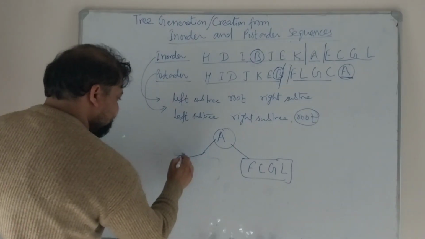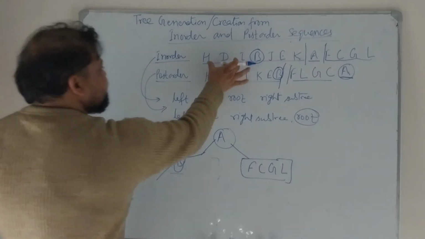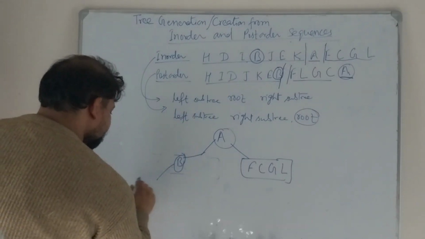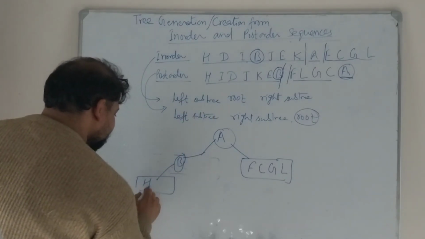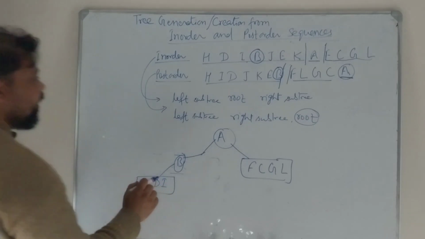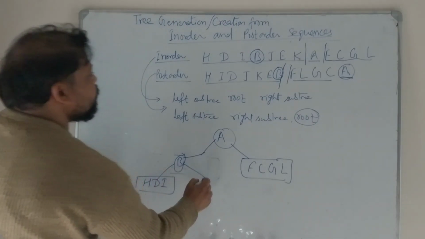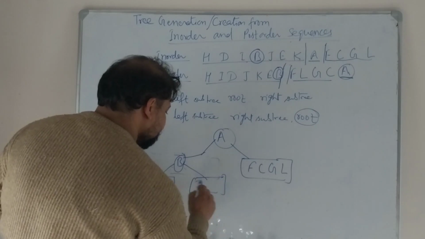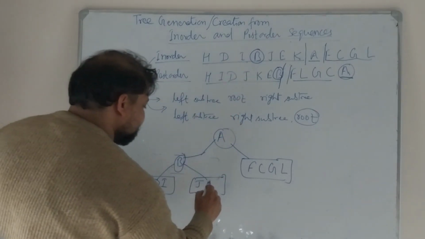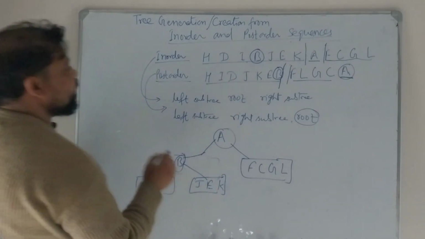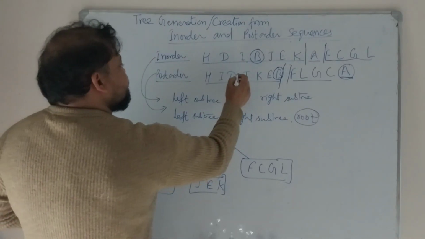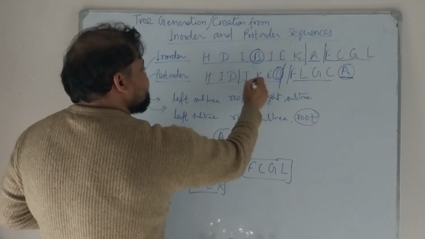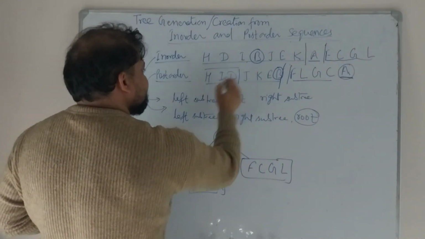So this is B, and after splitting at B, I'm writing the sequences here. One will be H D I, and the other will be J E K. So H D I and H I D, and J E K and J K E, are the sequences there.